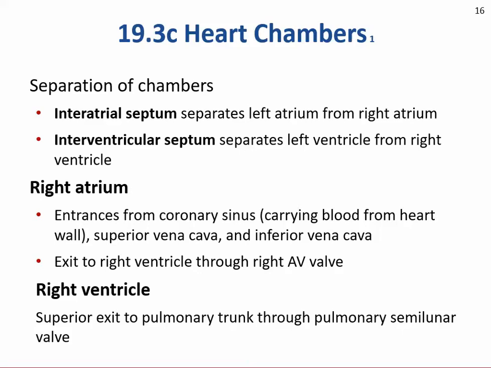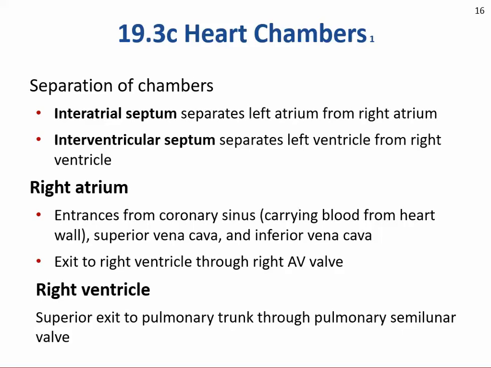The two atria are separated by a muscular wall called the septum. Because it's between the two atria, it's the interatrial septum. It separates the left and the right atrium. The two ventricles are separated by a septum as well, called the interventricular septum. And that separates left from right.